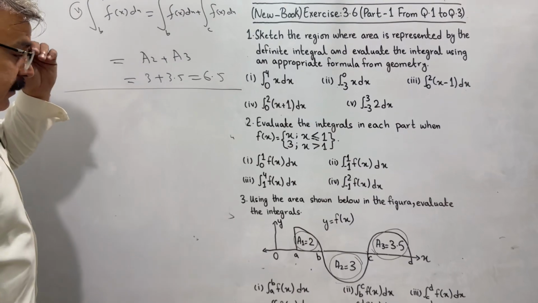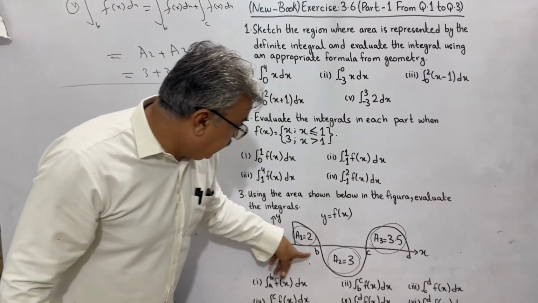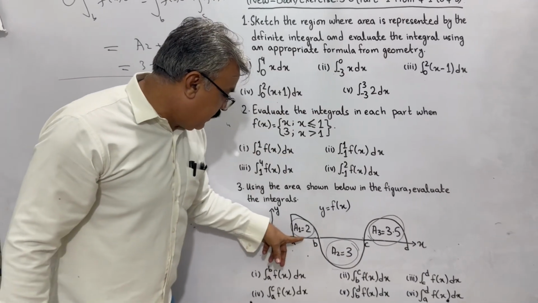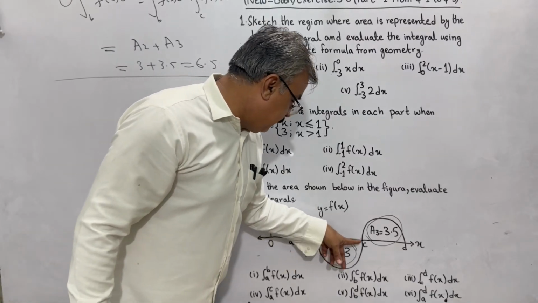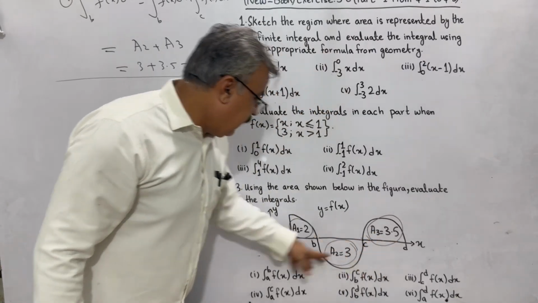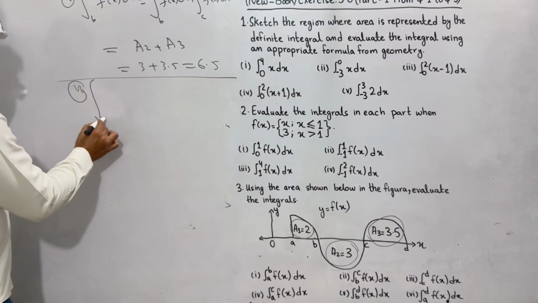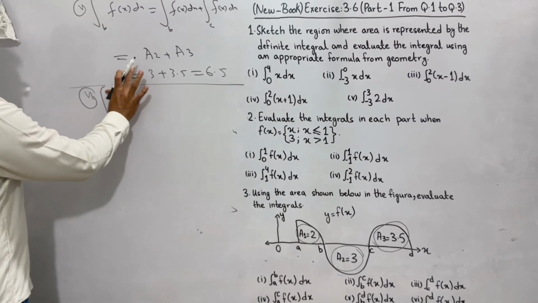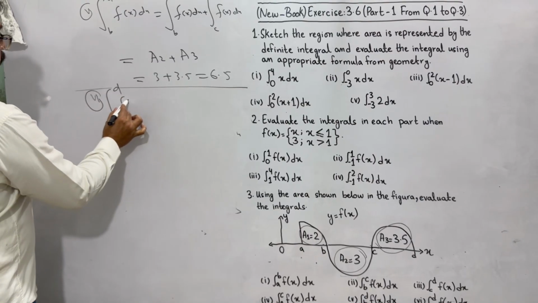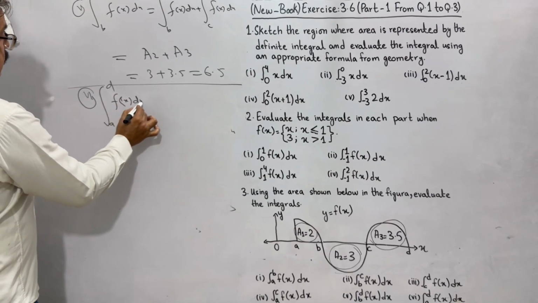Finally, we have from A to D. A to D can be broken down from A to B, then from B to C, then from C to D, and putting in the corresponding values. Question 6, the integral from A to D of f of x dx.